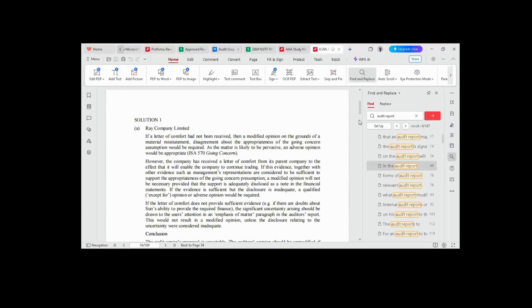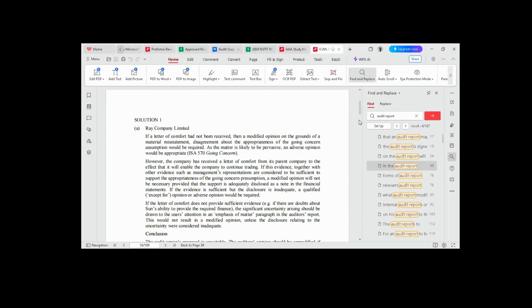If a letter of comfort does not provide sufficient evidence, that is, if there are doubts about someone's ability to provide the required funds, the significant uncertainty arising should be drawn to the user's attention in the emphasis of matter paragraph in the auditor's report, which will not result in a modified opinion unless disclosure relating to uncertainty were considered inadequate.